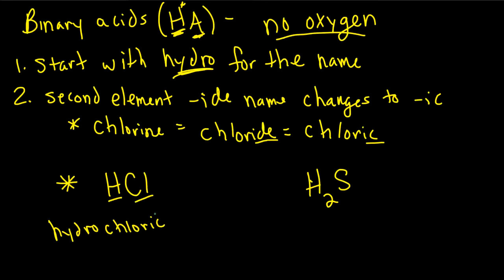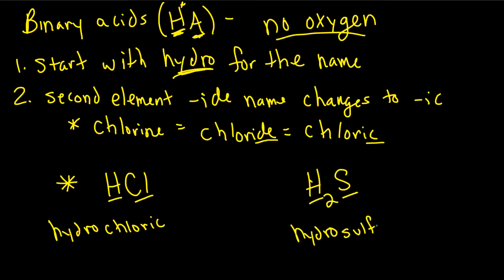For the most part, that'll work most of the time. There are a few exceptions, like H2S. H2S is a binary acid. It has hydrogen in the front, has sulfur in the back, no oxygen. So I name first hydro. Now, I'm not going to change sulfur to sulfide. Instead, this one becomes sulfuric.